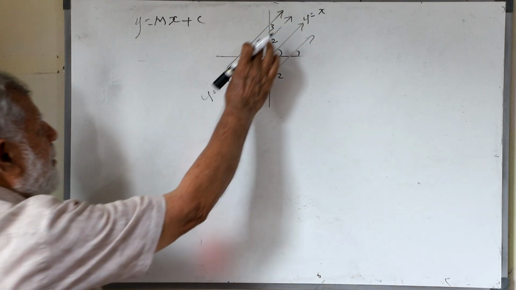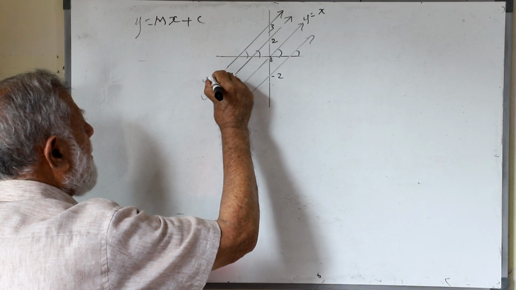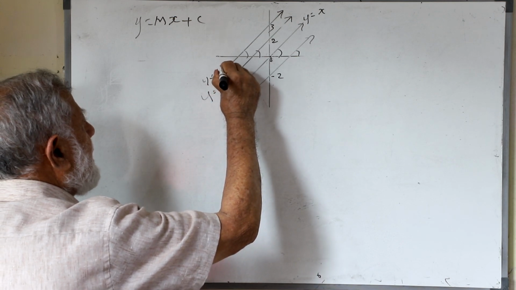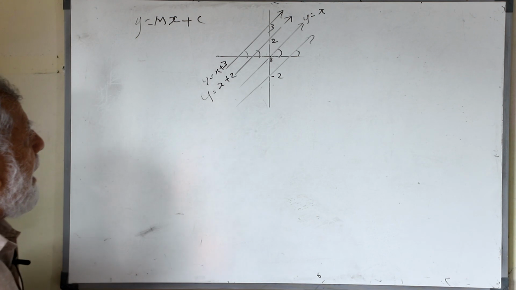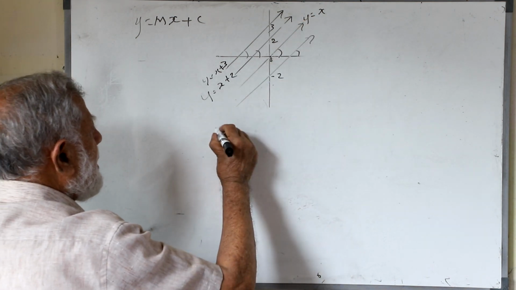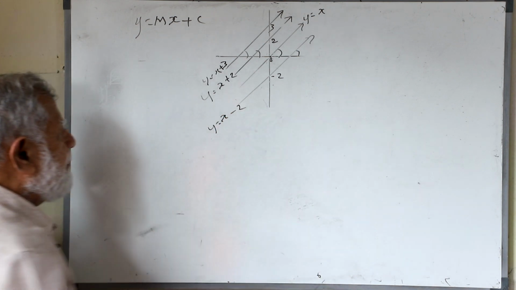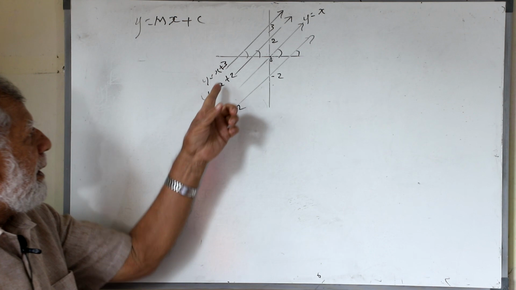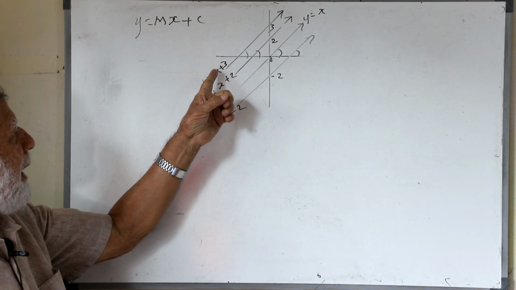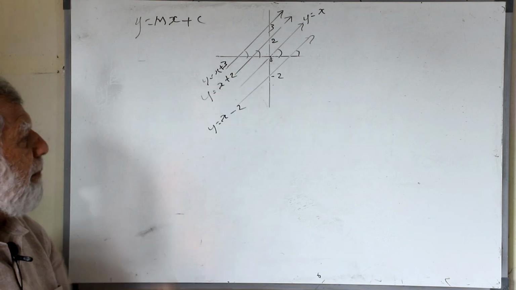Here it is going through 3, so the equation of this line will be y is equal to x plus 3. The equation of this line is y equal to x, and this one is y is equal to x minus 2. All these lines have gradient 1, 1x, because they are parallel.